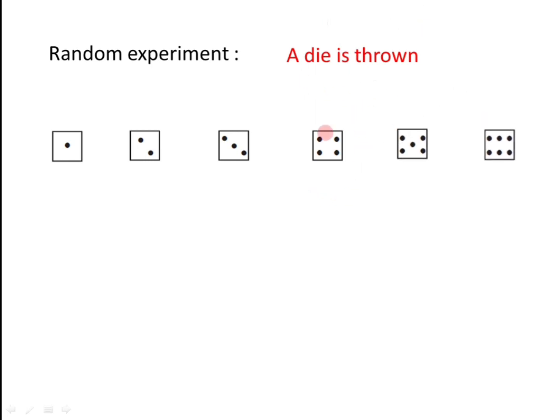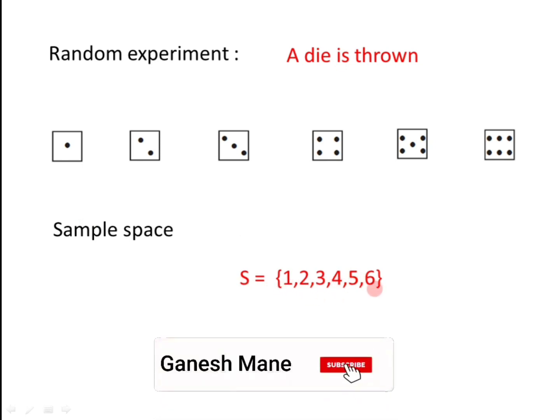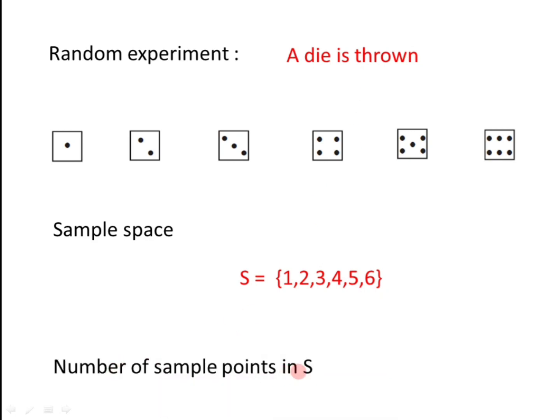So the sample space for this random experiment would be S is equal to 1, 2, 3, 4, 5 and 6. These are the 6 sample points for this random experiment. Therefore, number of sample points in set S is equal to n of S is equal to 6.